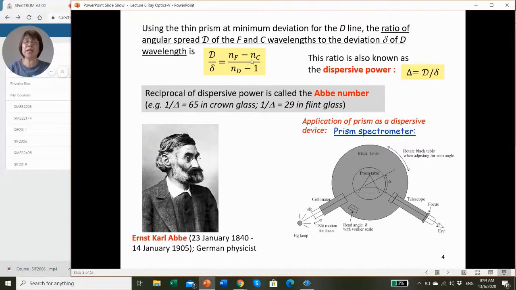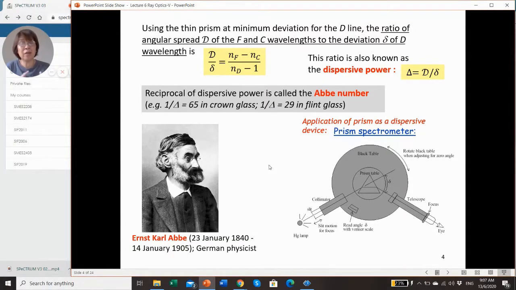So we have NF minus NC divided by ND minus 1, which is called the dispersive power. The reciprocal of dispersive power is called the Abbe number.